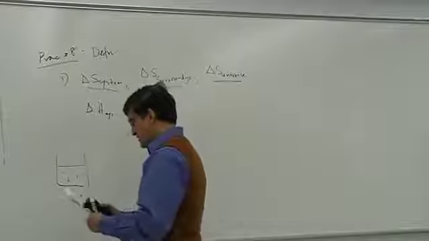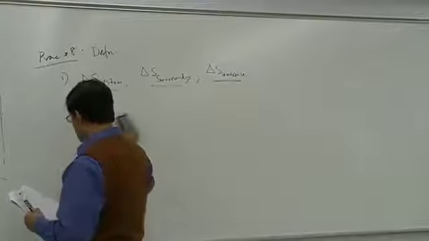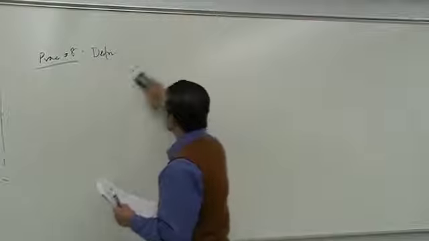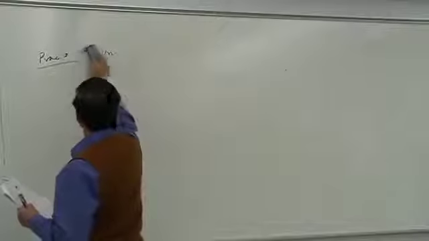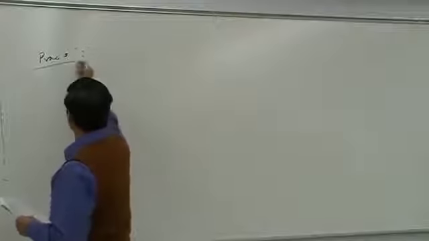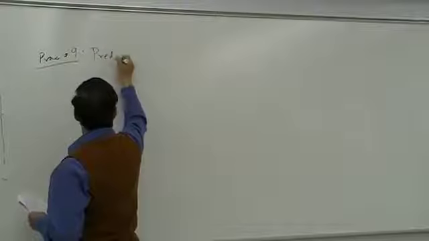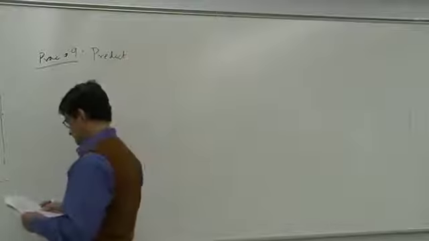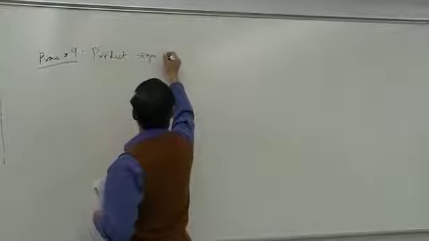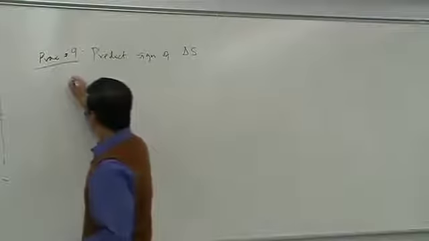Now practice problem number 9. Again, this will be a conceptual question without doing any math. Again, this is on entropy. Predict the sign of delta S. Sign of delta S means delta S can be positive.